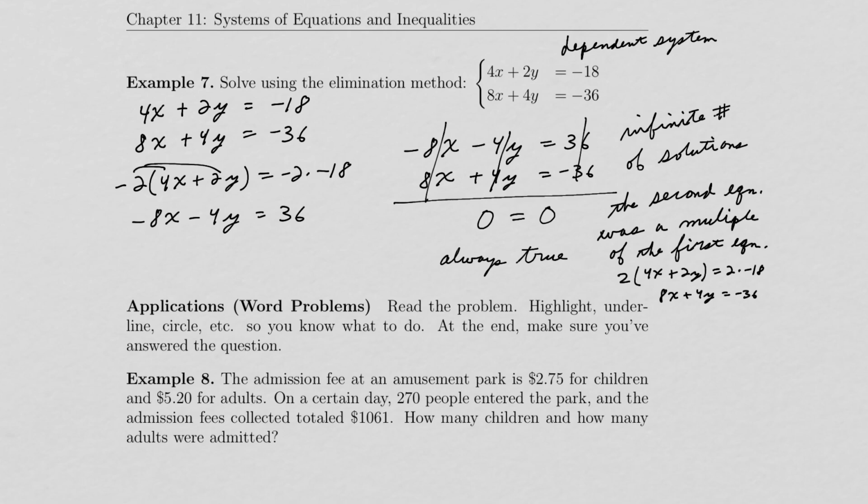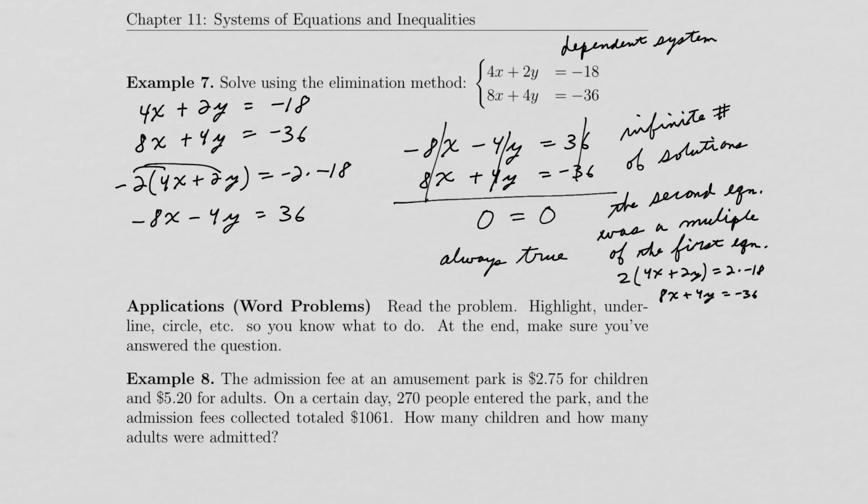Okay, so whenever one equation is a multiple of the other equation, then you're going to have this dependent system. And when you try solving it, you're going to end up with this 0 equals 0, which is always true. Then you know that one equation was a multiple of the other, and you have an infinite number of solutions. Now, how do we know if we have no solution, like the two lines are parallel?